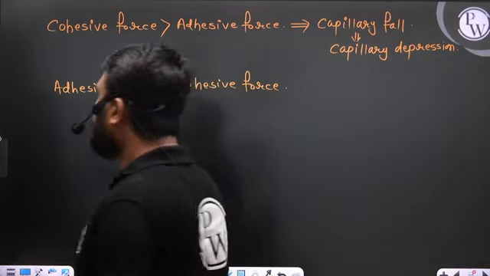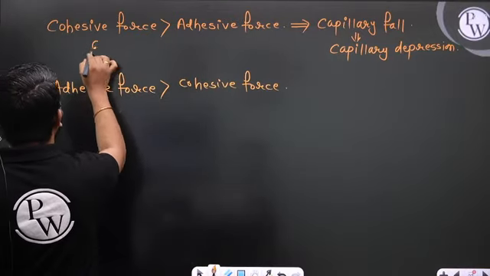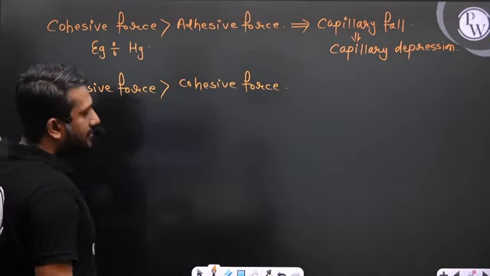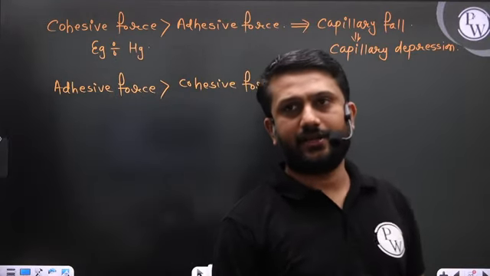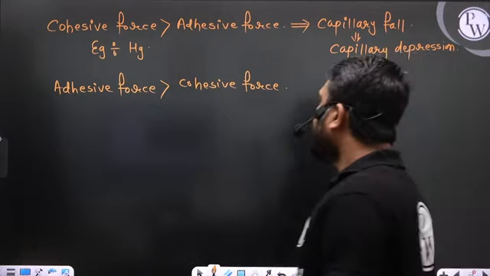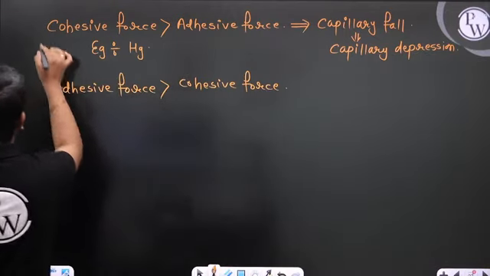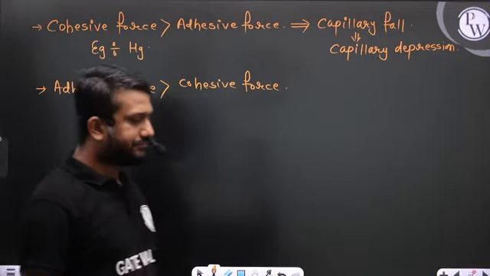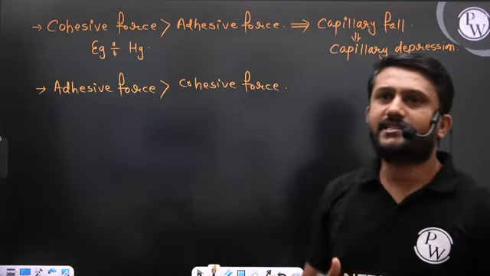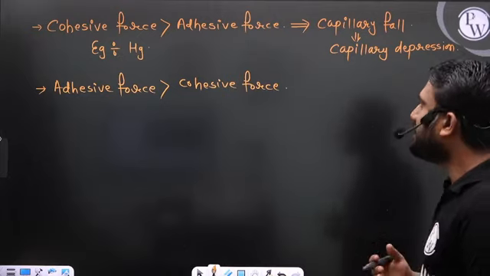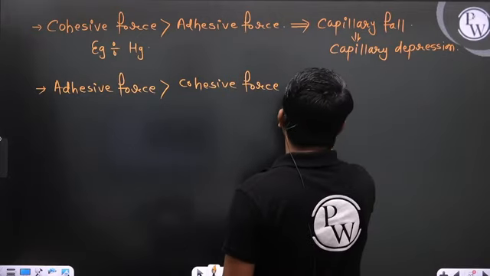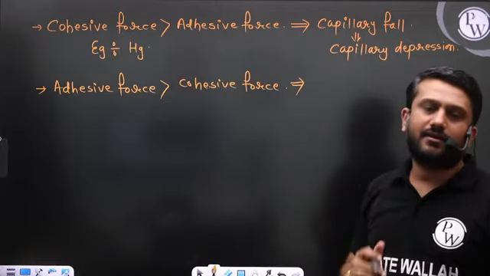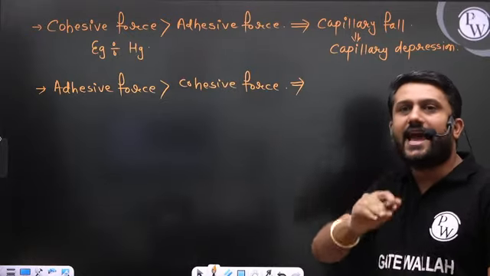So if you ask me for an example where cohesive force is greater than the adhesive force, a very simple example is mercury. Now, when adhesive force is greater than the cohesive force, in such a liquid a rise of the liquid in a narrow tube occurs.